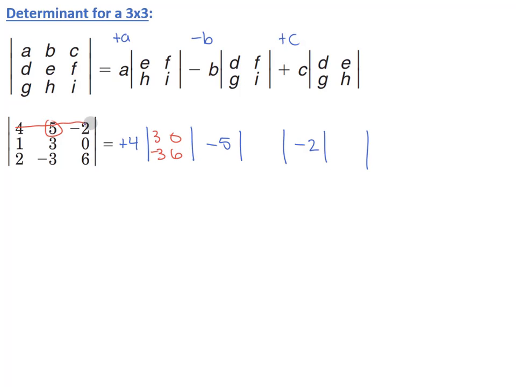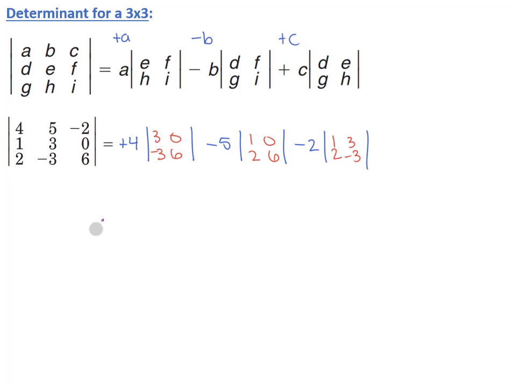If we ignore the row and column it's in, the other four values are 1, 2, 0, and 6. And our final value here, the negative 2, which would have been plus negative 2 or minus 2 here. If we ignore that row and column, our matrix is 1, 2, 3, negative 3.